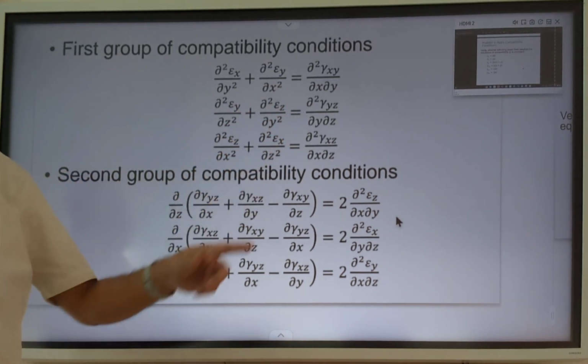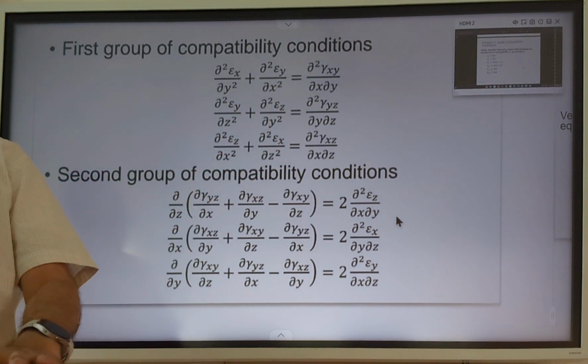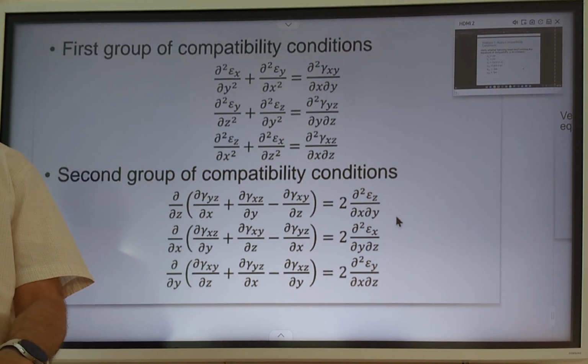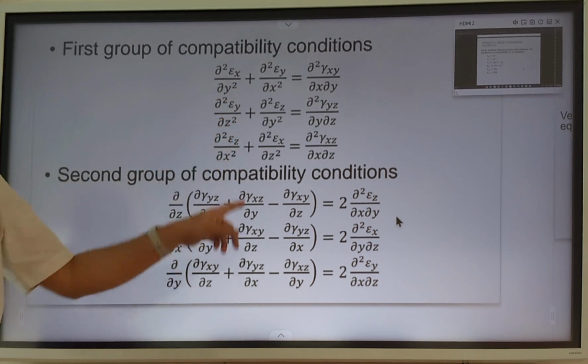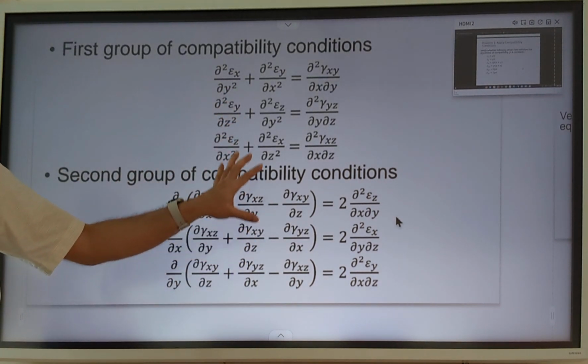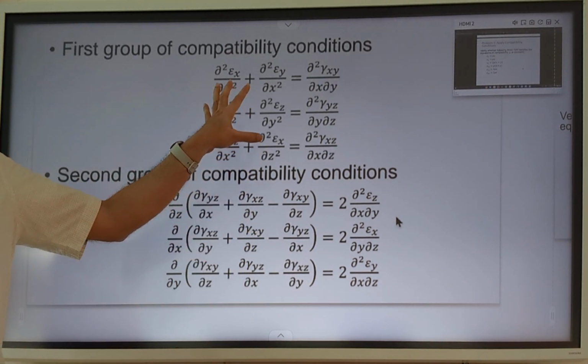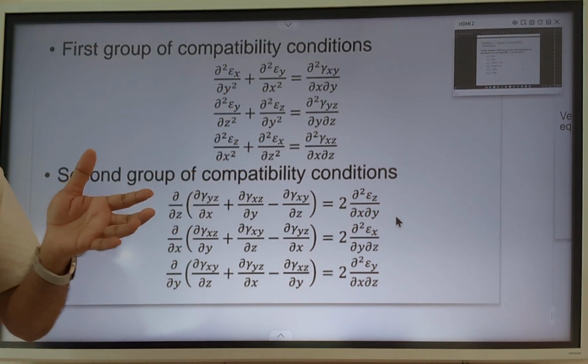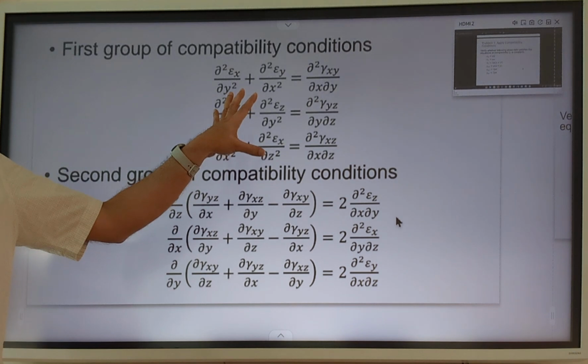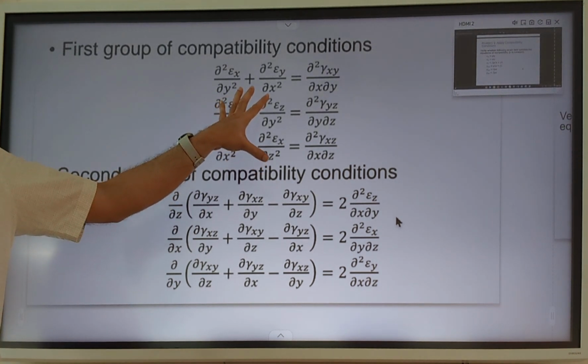If they are not obeying, that means this body has some non-continuum, voids, cracks or some other problems. So that is what it implies. All this mathematics symbolizes the physics of the problem and gives in very compact form how the body should behave.